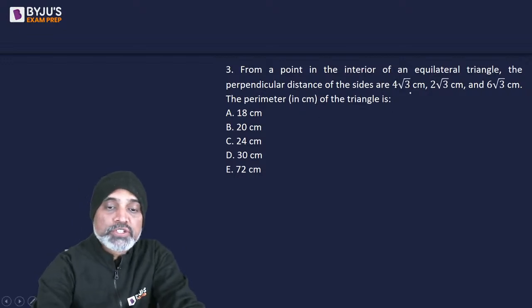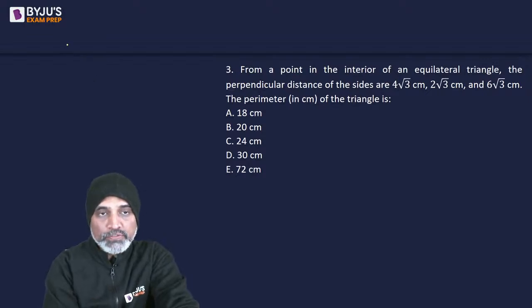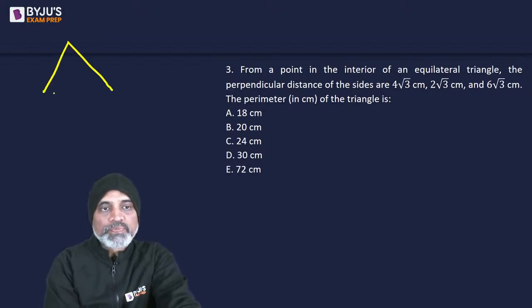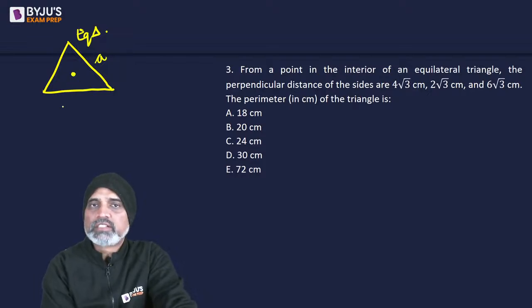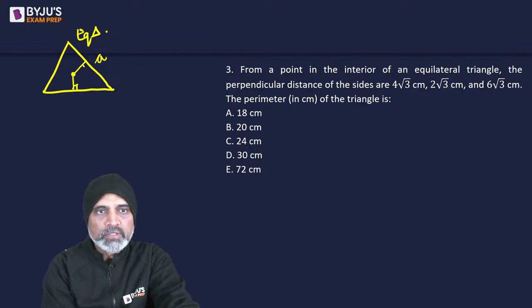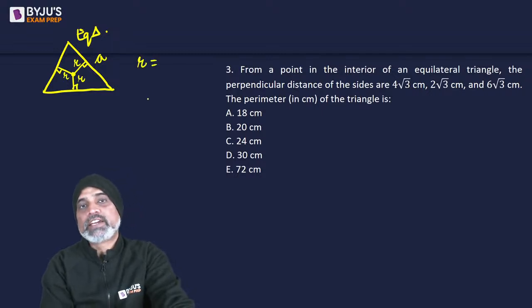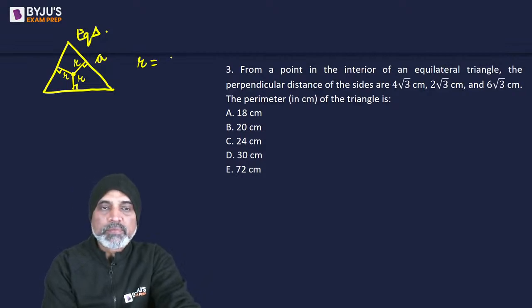This particular question is going to use a very interesting property of equilateral triangles. If we take an equilateral triangle, and suppose the side is A, and if I take the centroid, orthocenter, circumcenter, incenter, they are the same points, right? If I drop the perpendiculars, each perpendicular will be of the same length, given by small r, the inradius. The inradius of an equilateral triangle is given as side upon 2 root 3.